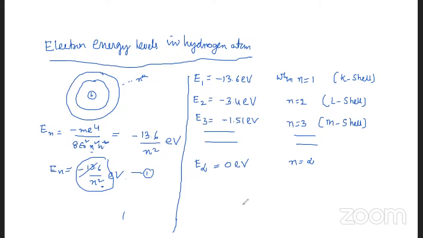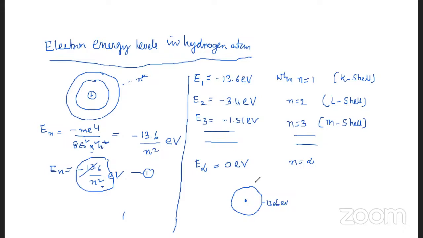If you see it in terms of circular orbits, with the nucleus here, around it the orbital energy for n equal to 1 is minus 13.6 electron volts.